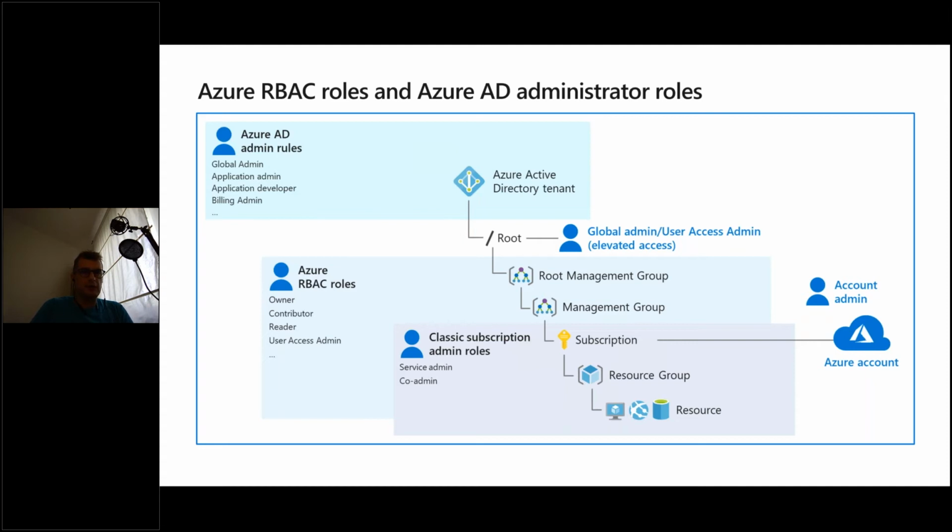Then we have the Azure AD admin roles, which are the global admin, application admin, billing admin, and so on, which have different scopes towards the Azure Active Directory tenant objects, but not on the Azure objects in the subscription, like virtual machines and storage and so on.